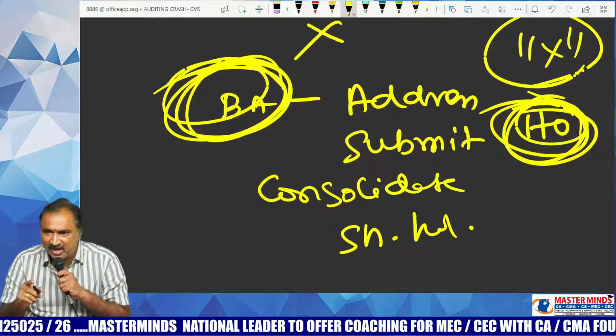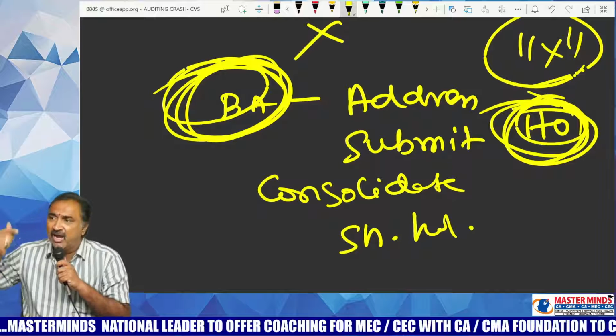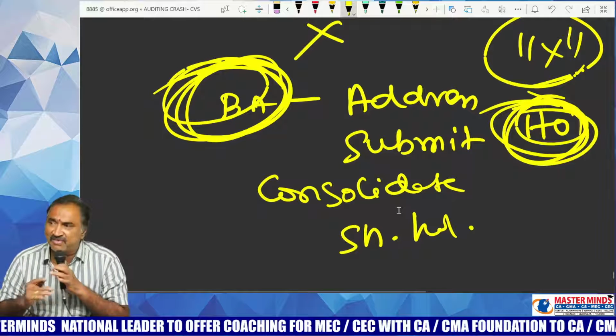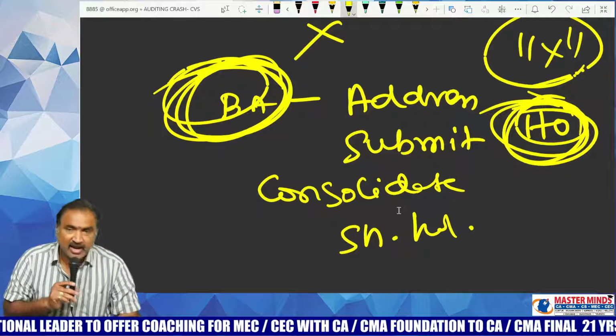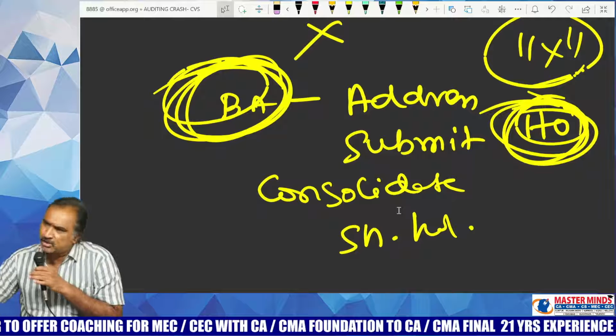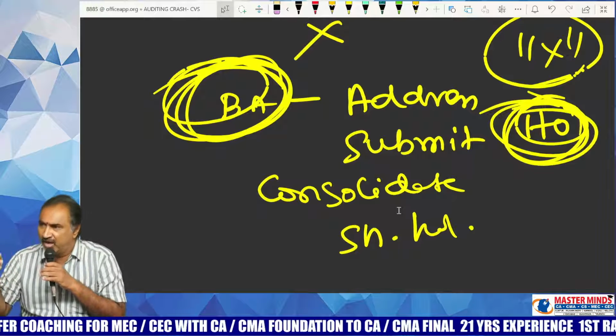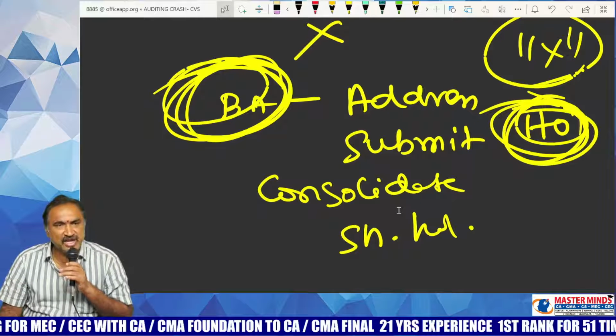That is the reason why, although a separate person has been appointed as the branch auditor, the head office auditor has always been given a right to visit the branch and to verify the books and other related records at the branch, to obtain information and explanations either from the branch or from any officer of the branch.